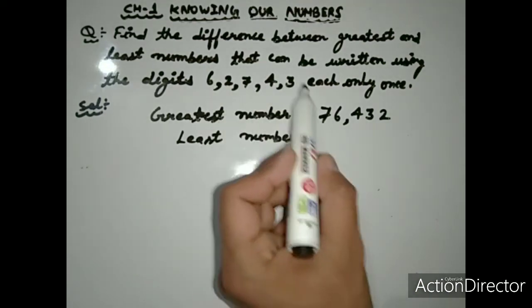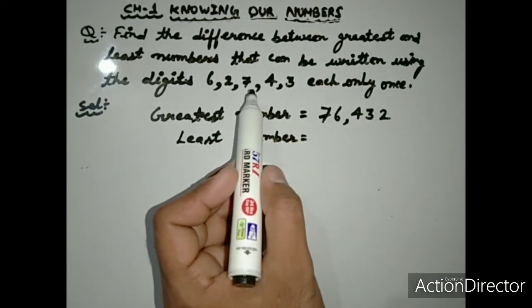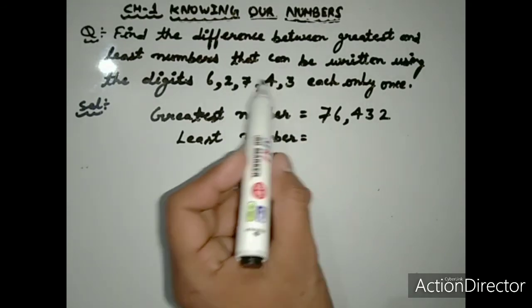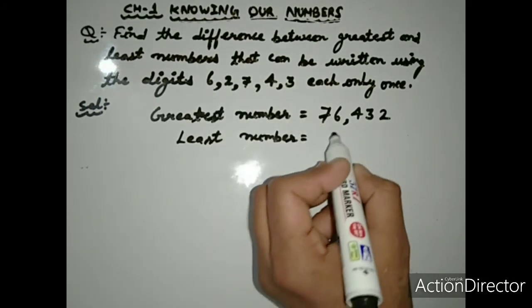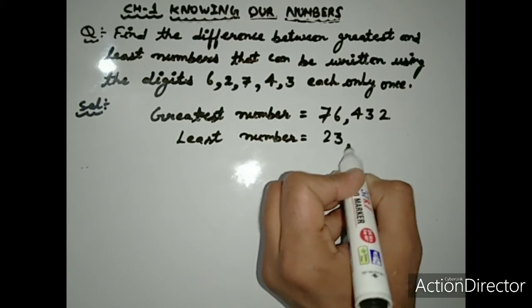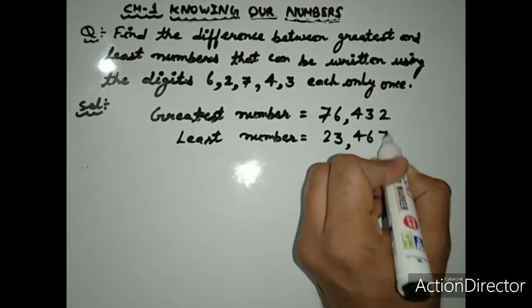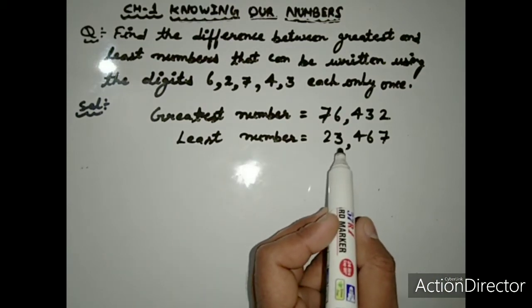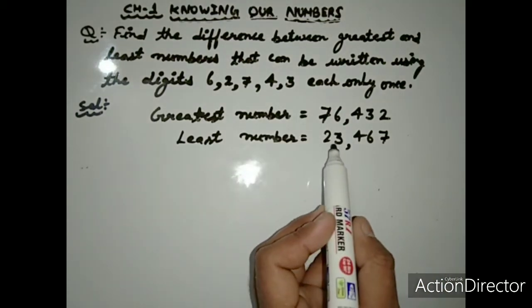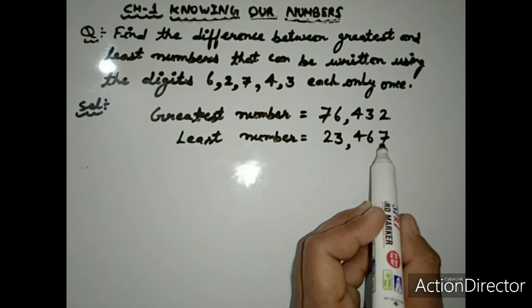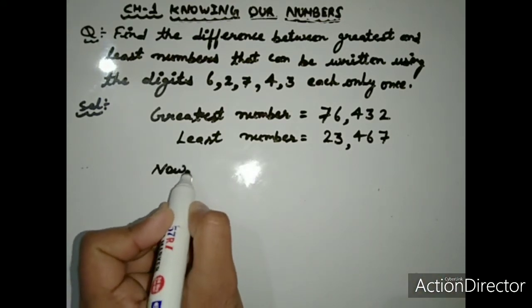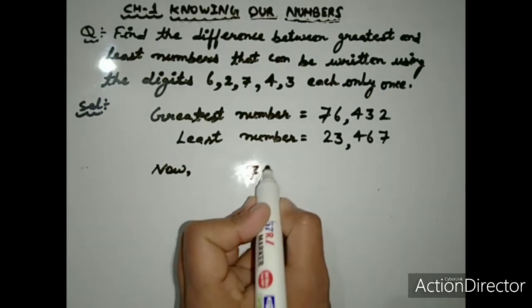First we write 2, then 3, then 4, then 6, then 7. So now we get the least or smallest number by using these digits, 23,467. Now we subtract these two numbers.